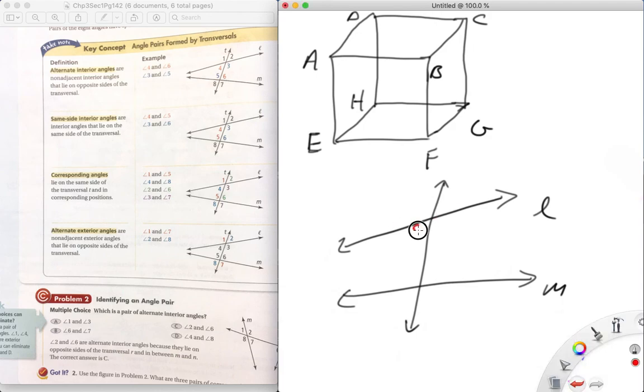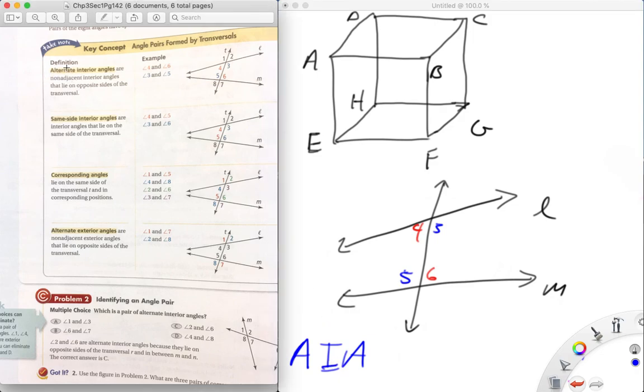So we'll say 4 and 6, 3 and 5. These guys are called alternating interior angles. So I call it AIA. Alternating interior angles. You can look at it over here.